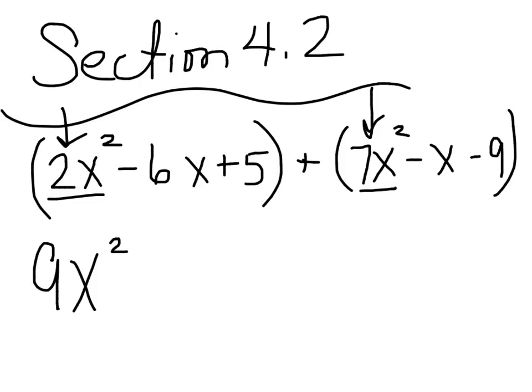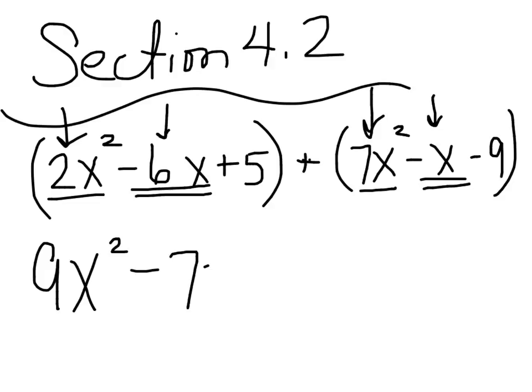Okay. Then, is there any other x terms? Yeah. Notice how I double underlined it, so that the number of underlines dictates which ones are the same. What's negative 6x plus negative 1x?